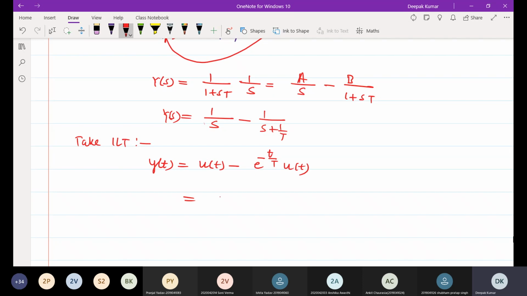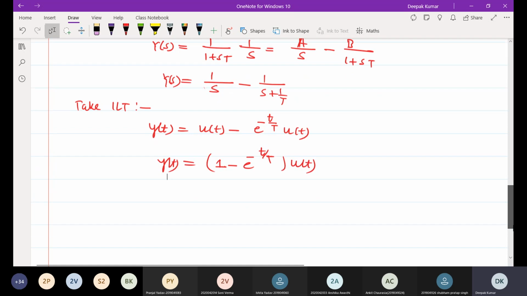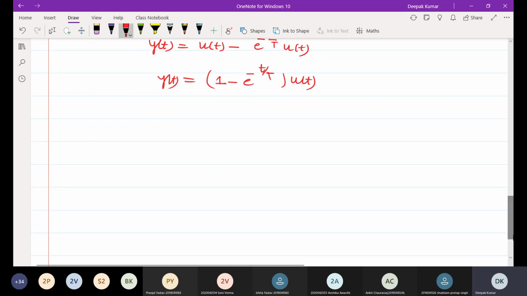And in short form you can write 1 minus e to the power minus t by t into u of t. This is y of t. When unit step input is applied to a first order system, this will be the response of the system, and this response can be plotted on time axis also.